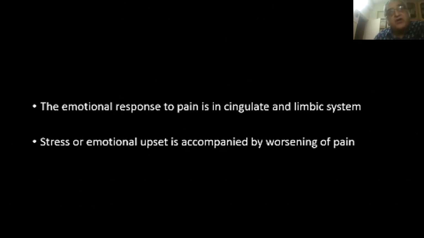And therefore, many times patients tell us that when they are stressed or when they are tired or when they are emotionally upset, their pain also gets more. Their pain shows fluctuations, and a lot of times those fluctuations are associated with their state of mind, and there's a physiological basis to it because the underlying mechanism, underlying substrate, is the same.